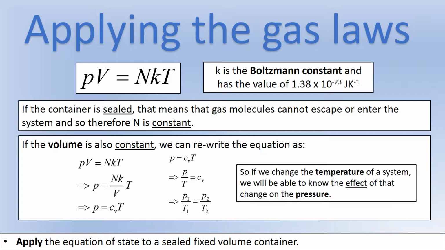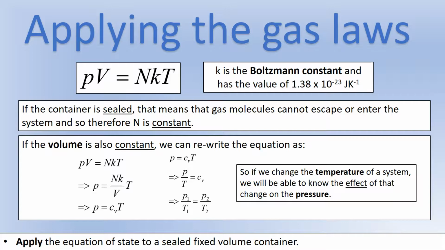So it's a really, really small number. But when we're dealing with these equations, we very rarely actually have to use what the constant is, and I'll show you why. So we've got a sealed container, so we know that N is going to stay the same because gas particles can't escape or arrive into the system.